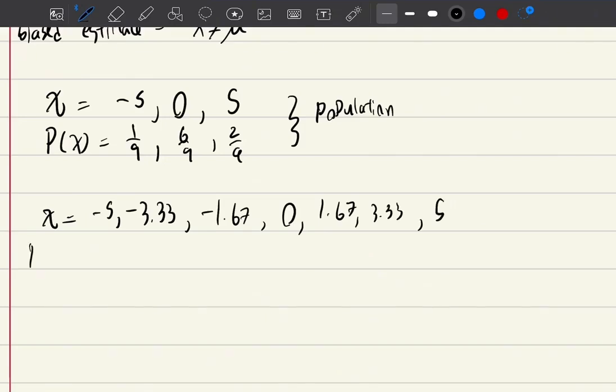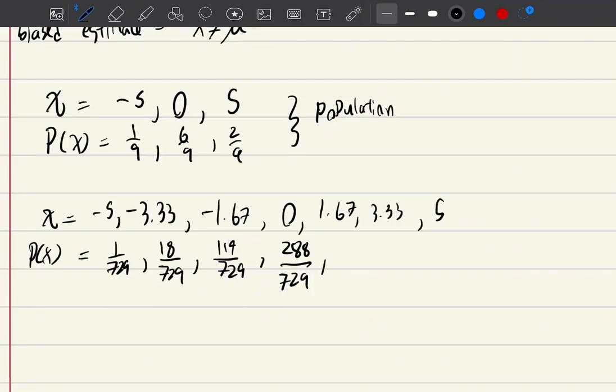And the probability distribution is equal to 1 over 729, 18 over 729, 114 over 729, 288 over 729, 288 over 729, and then 22 over 729, and 8 over 729. This one is for a sample.